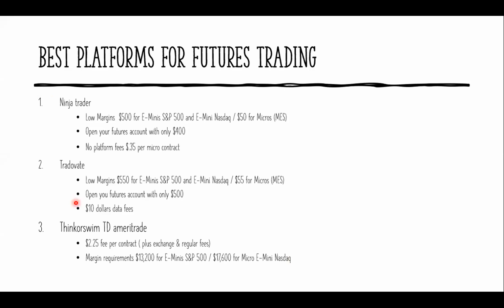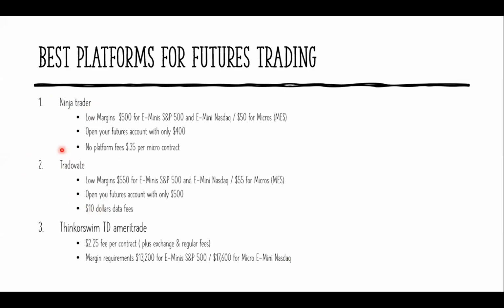The difference between Tradovate and NinjaTrader is that NinjaTrader is for more advanced traders. They have more indicators, but it's a little bit harder to set up. Tradovate is simpler, easy to use.